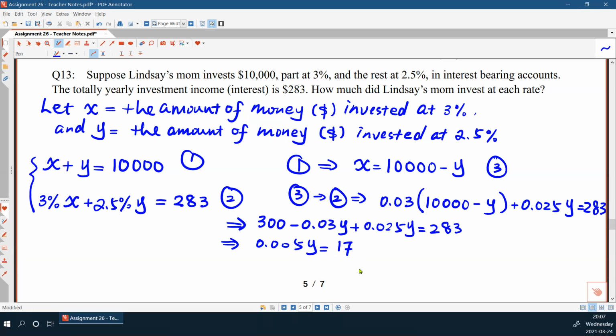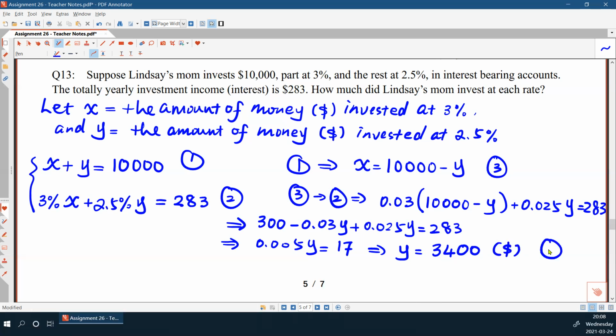So Y is 3,400. Correct? Of course, the unit is dollars.